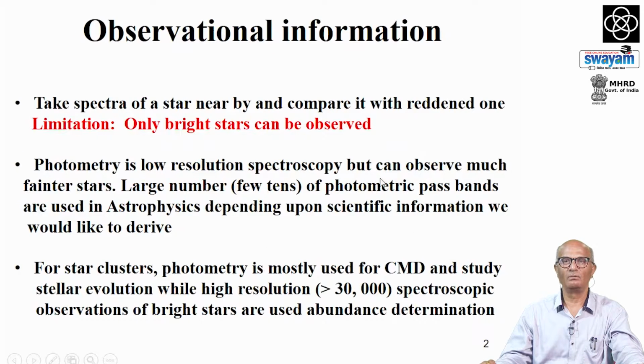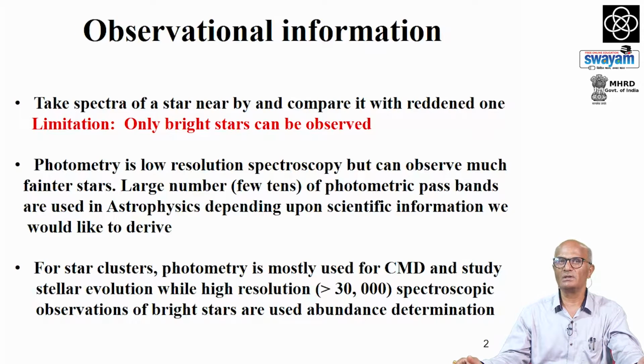Now, I will explain a little bit how we are going to use these techniques from the observations available when we observe any star cluster. The ideal way to know the distance and reddening of an object or star is to take its spectra, and then compare that spectra with the spectra of a star which is very nearby.